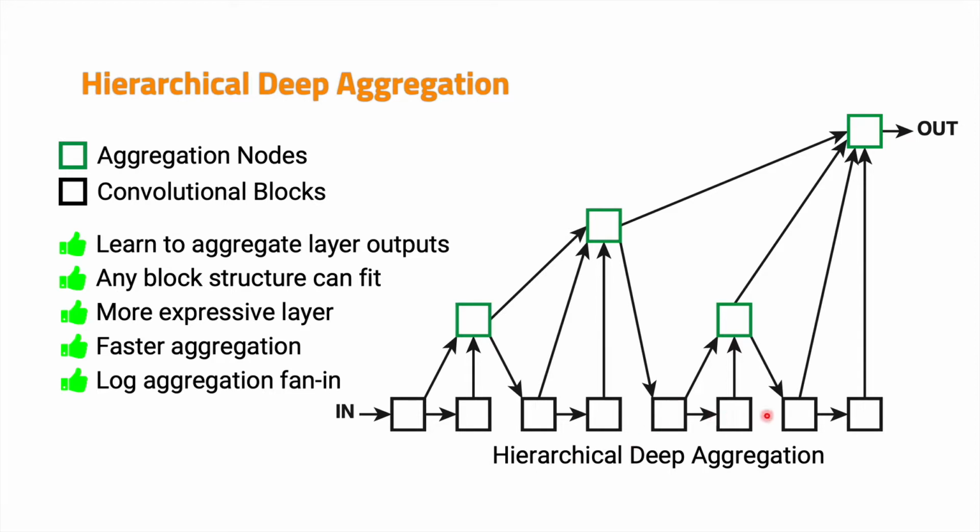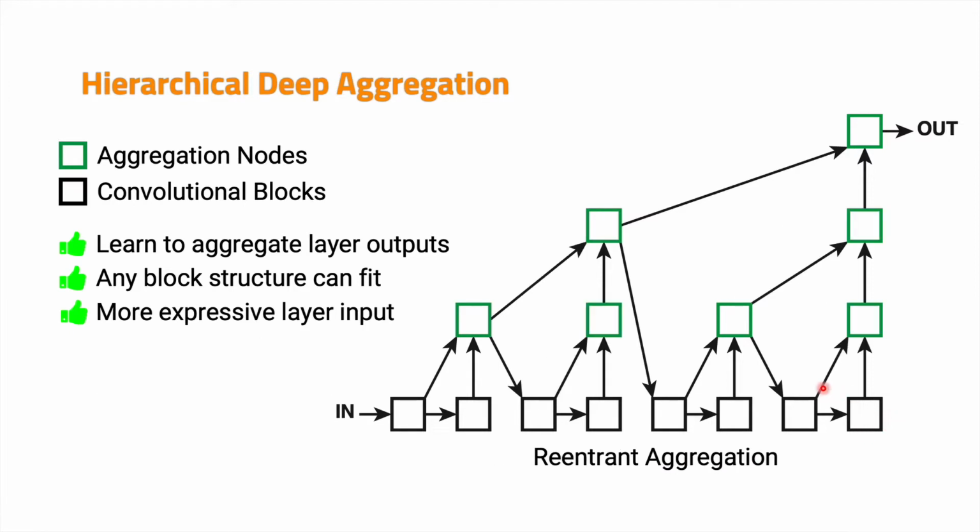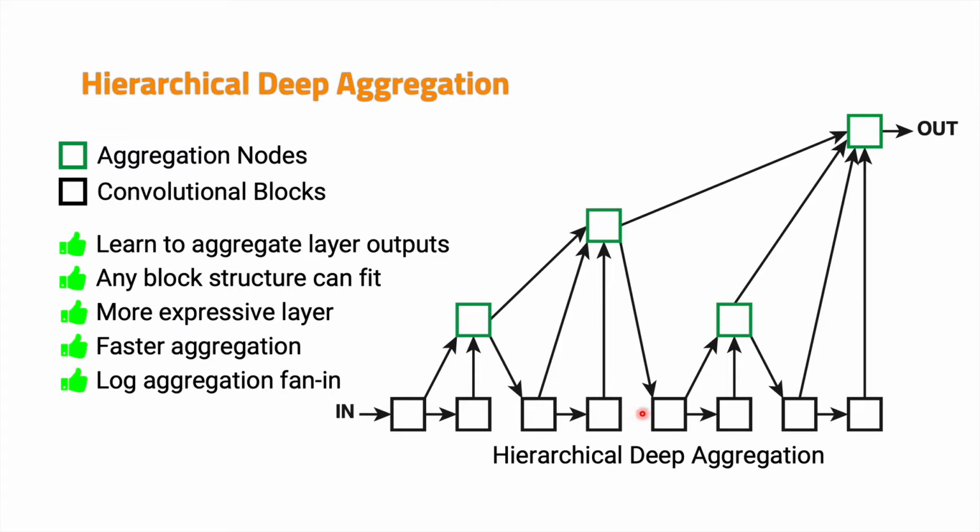Another thing we can do here is, you can see that the final building block already contains a deep representation of the input image and the lower level layers. We do not need to do another deep aggregation of the final building block, and therefore we can remove the building block from the pathway, so that we can have a faster aggregation from the higher level building blocks to the subtree.